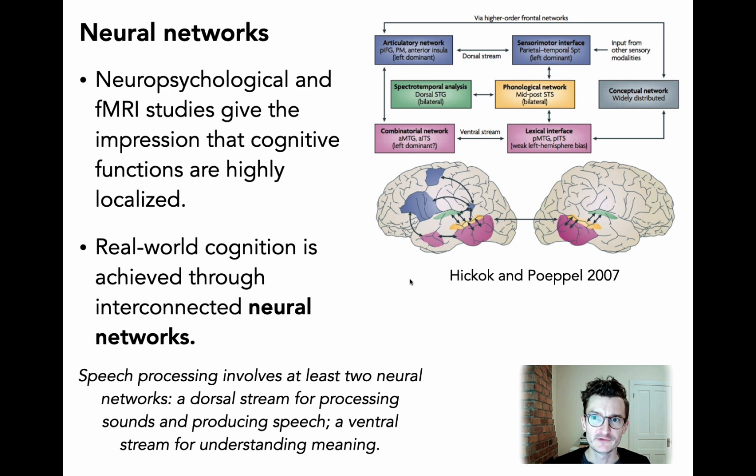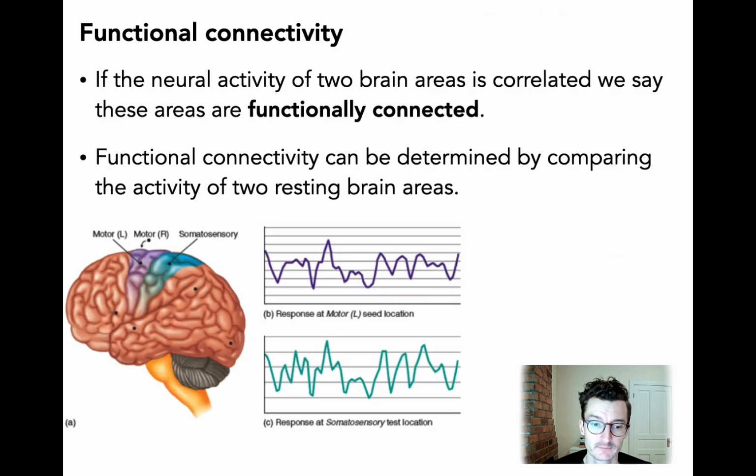And so again, the idea here is that visual perception, in this case, perceiving objects, relies on one particular neural network, and another aspect of visual perception, perceiving object motion, relies on a different neural network. But the take-home message is that real-world cognition is achieved through interconnected neural networks, so different brain areas sort of working together.